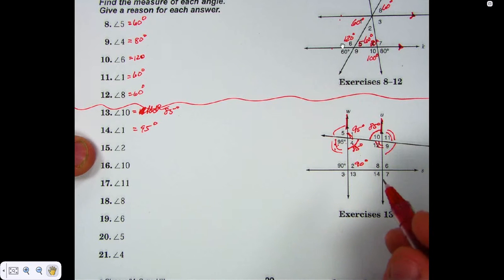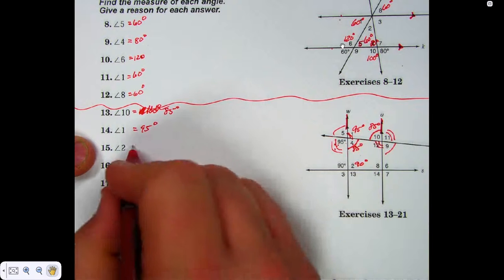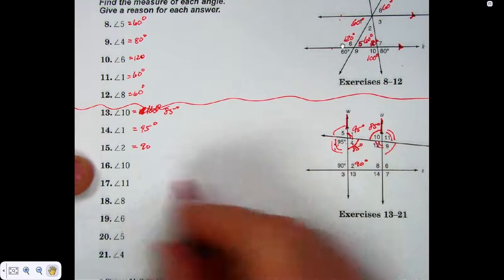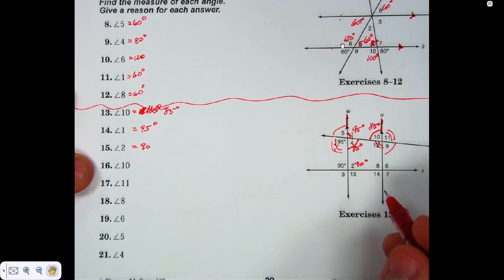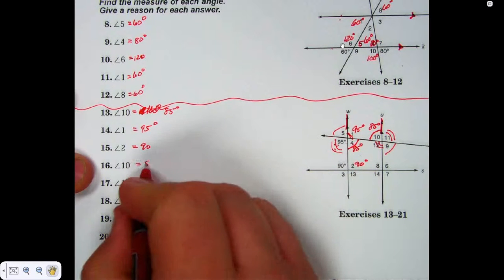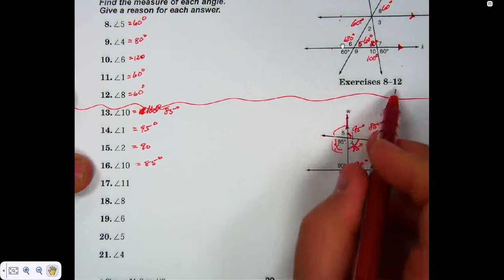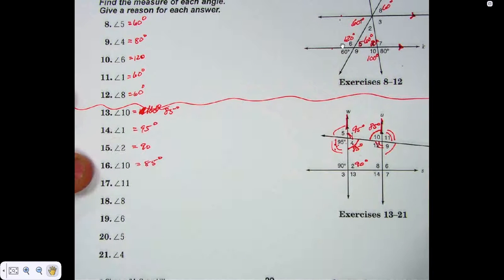Yep, it's 90, because it's beside this one, they have to add to 180. Angle 10. We already did angle 10, but we'll do it again. It's 85 degrees. I think they meant to say exercises 8 through 13 here, didn't they? Oh well.